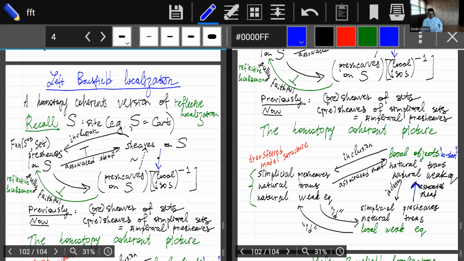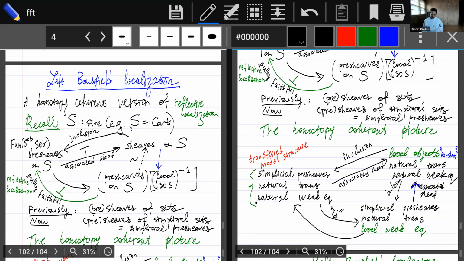And finally, now we can also see that the role of the localization functor here is played precisely by the identity functor. Well, it's not strictly speaking the identity, because an identity functor is required to have the same domain and codomain.